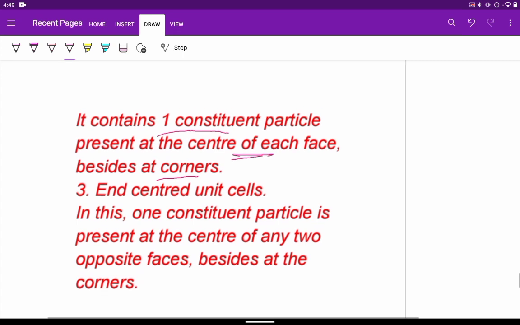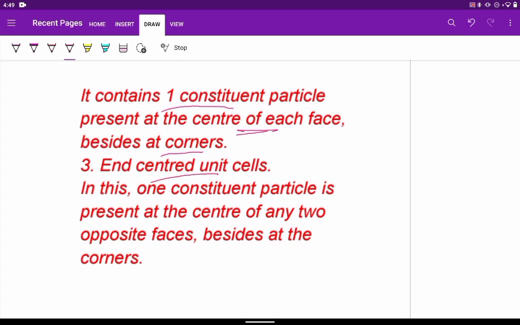The third type is end-centered unit cells. In this, one constituent particle is present at the center of any 2 opposite faces, in addition to the corners. Then we call it an end-centered unit cell.